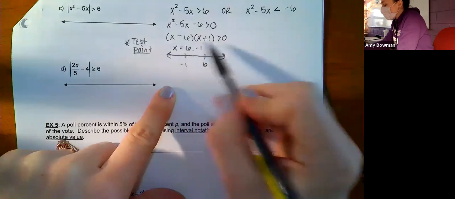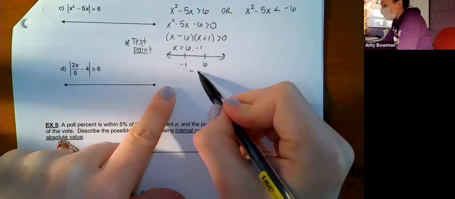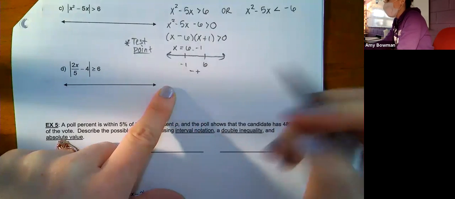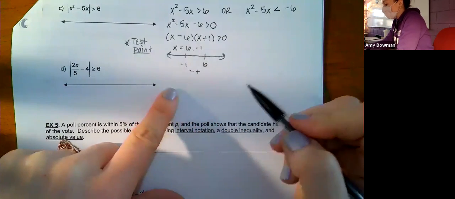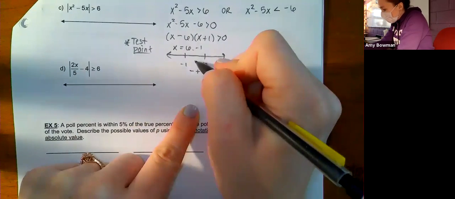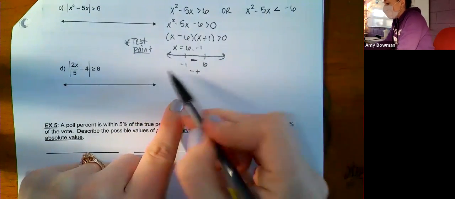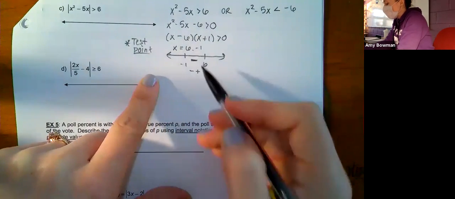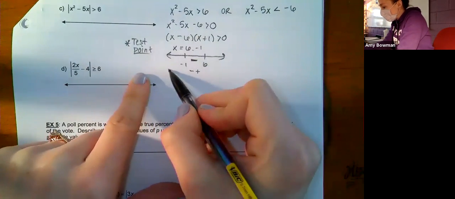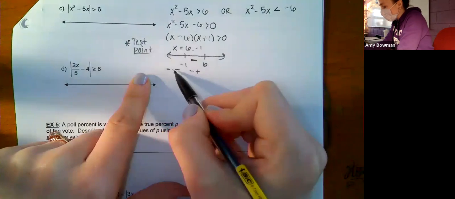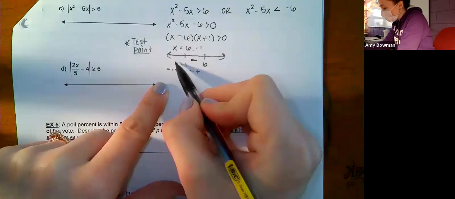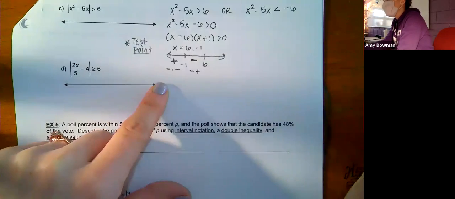0, negative 6 times positive 1. So we're multiplying a negative times a positive. That's a negative. Pick a number less than negative 1. Negative 1,000 minus 6 is still negative. Add 1, still negative. Multiply that together. Your product is positive.